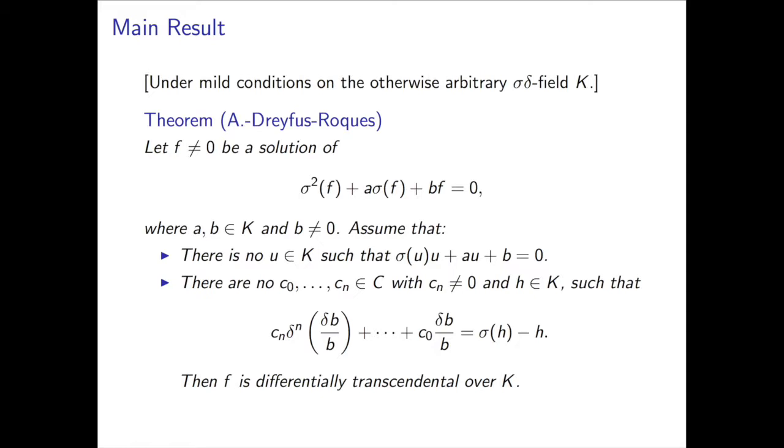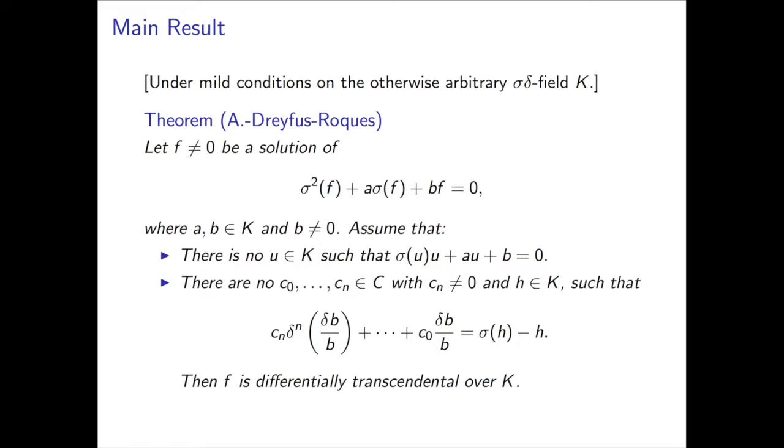The first is that the so-called Riccati equation have no solutions. What this means is that the difference operator doesn't factor into first order factors in the ring of difference operators, or equivalently that the associated Galois group is irreducible. We'll come back to this later.